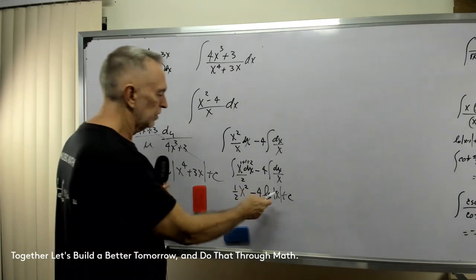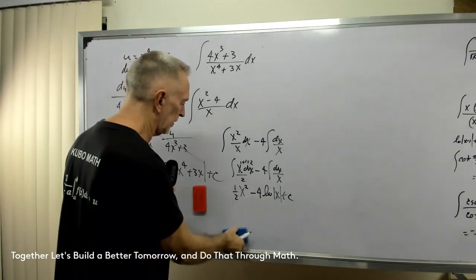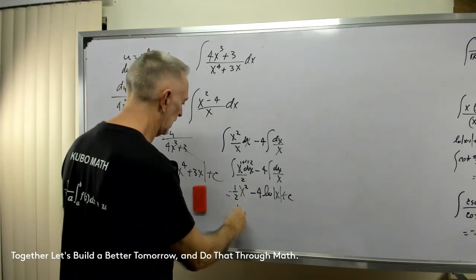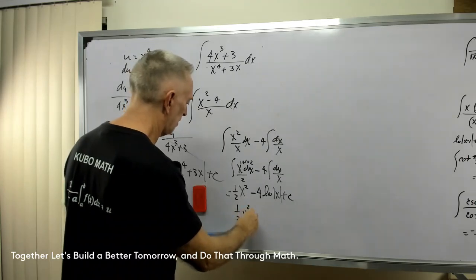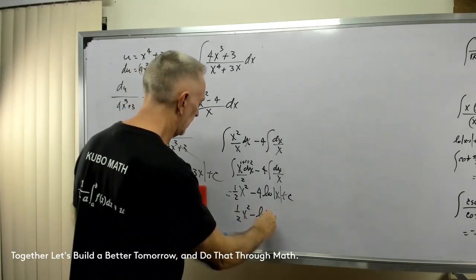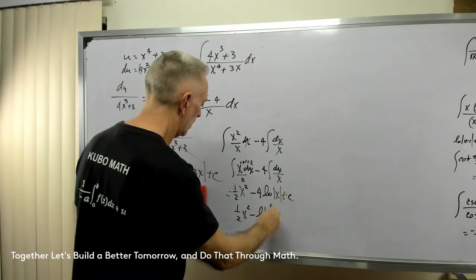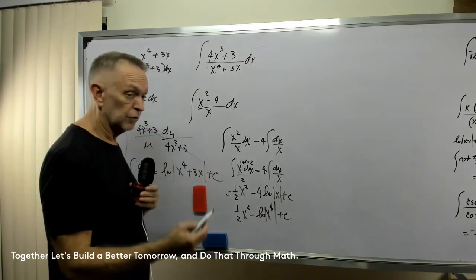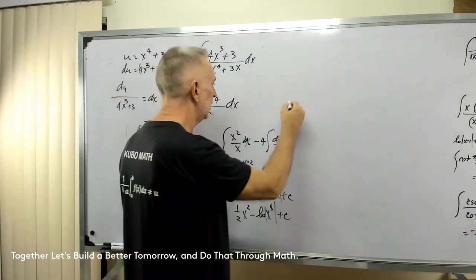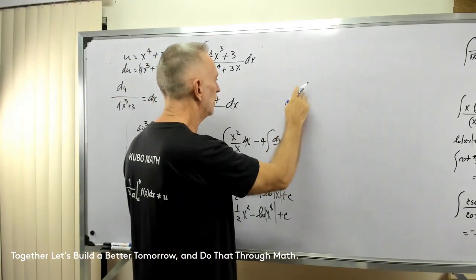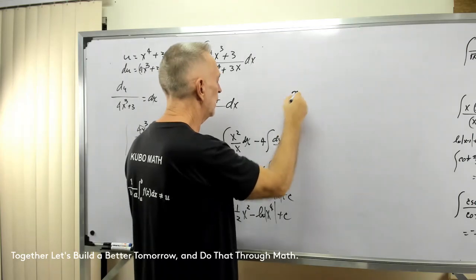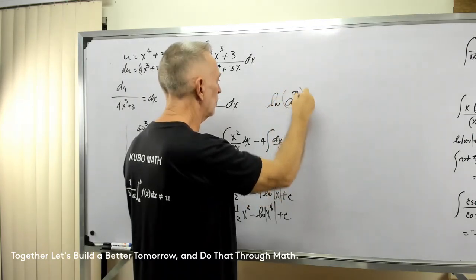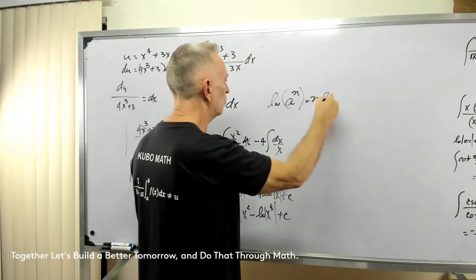Now if you wanted to rewrite this, you could say 1/2 x squared minus the natural log of x to the 4th plus c. It'd be the same. You recall the rule: when you have a raised to the n and you take the natural log of that, that's n natural log a.